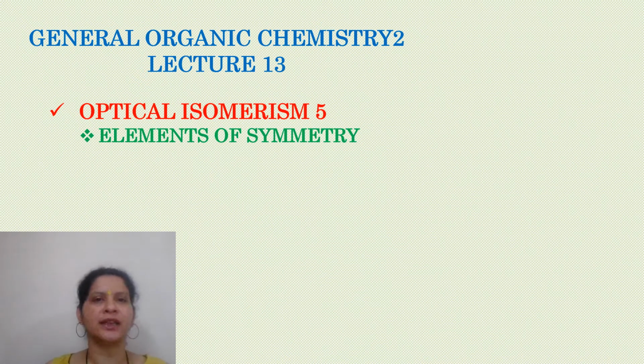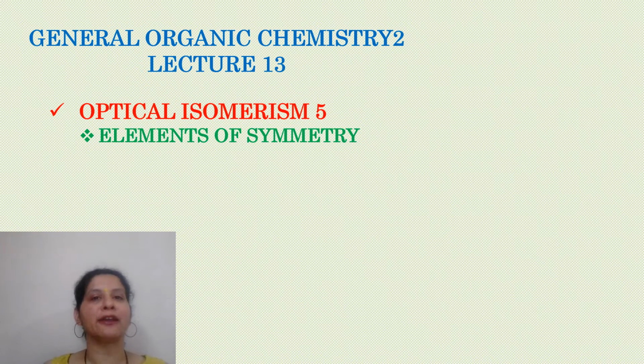Why did we start the learning of elements of symmetry in optical isomerism? Well, the first and foremost thing in optical isomerism is that you should be able to identify whether the molecule is going to show optical activity or not. Only then you will be able to do other things that are going to be required.